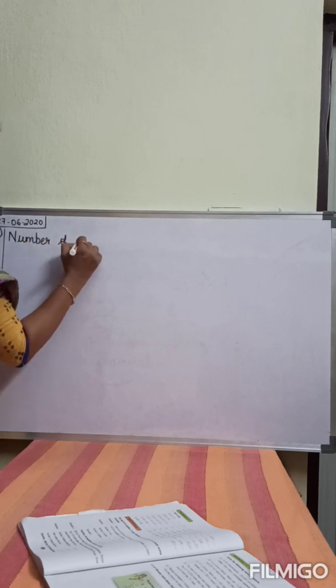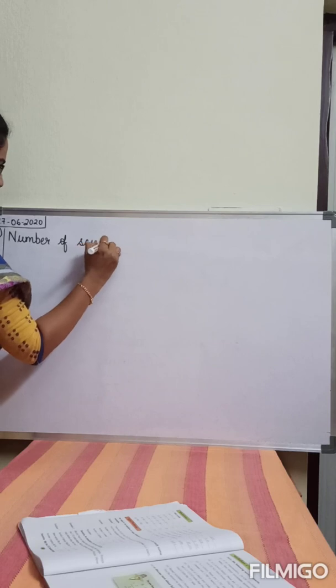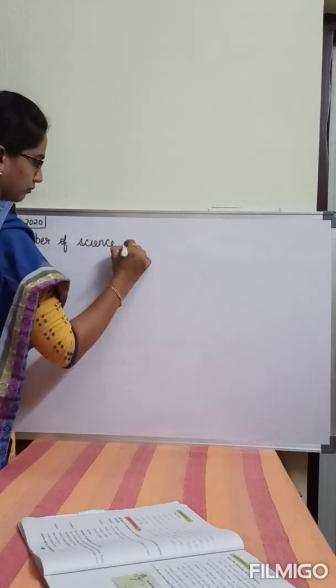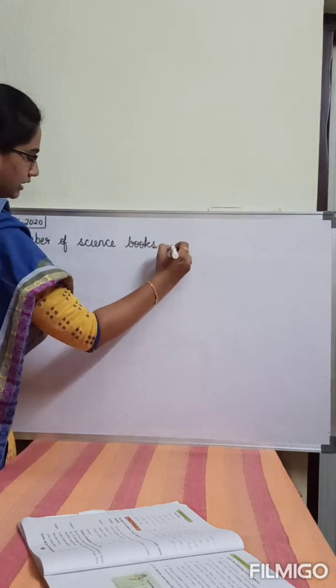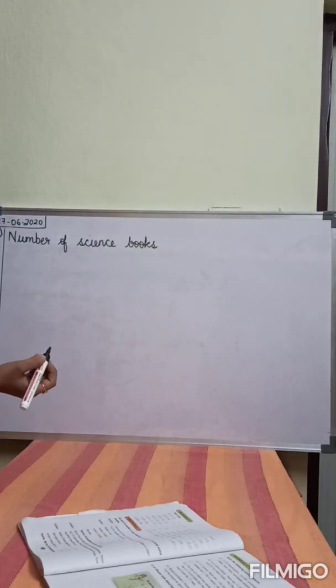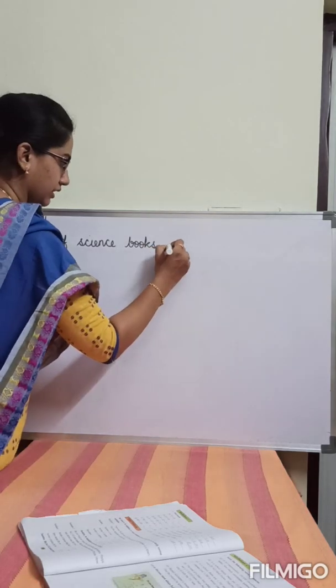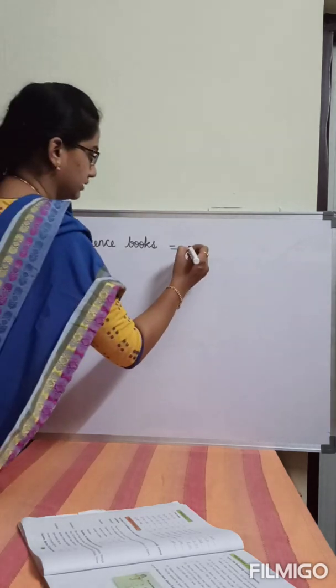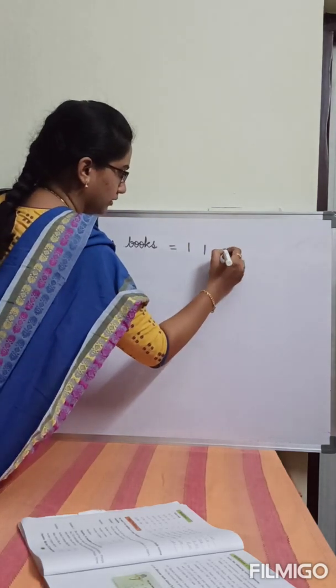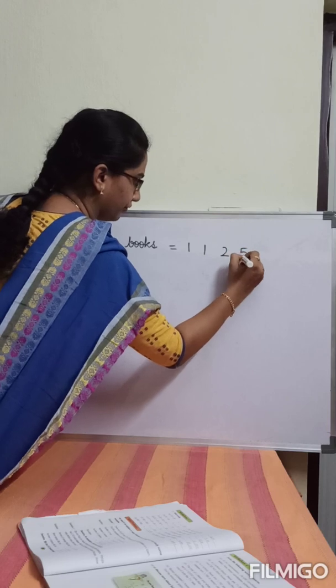So what will be the first statement? Number of science books in the library. You can write number of science books in the library, or you can just write number of science books. So number of science books is equal to 11,250.